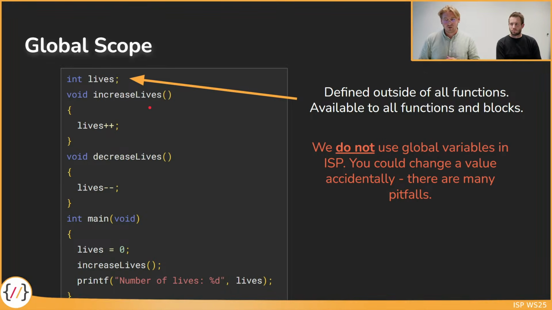So global variables can be helpful, but especially when starting to write code, there are a lot of pitfalls, a lot of possibilities for unwanted side effects that can affect the behavior of your program, and that's why you are not allowed to use global variables in ISP, so in this course. So we are just using local variables with all the nice features that we will talk about in the next weeks, and we don't want you to use global variables at all.